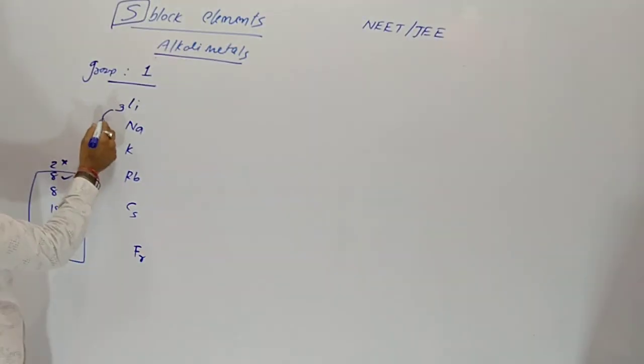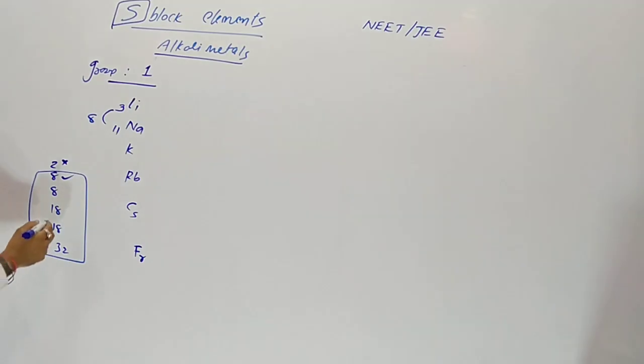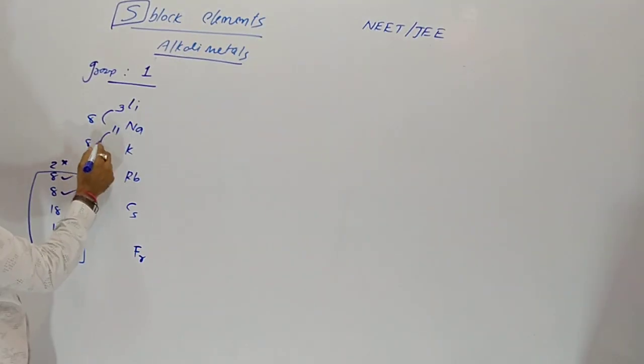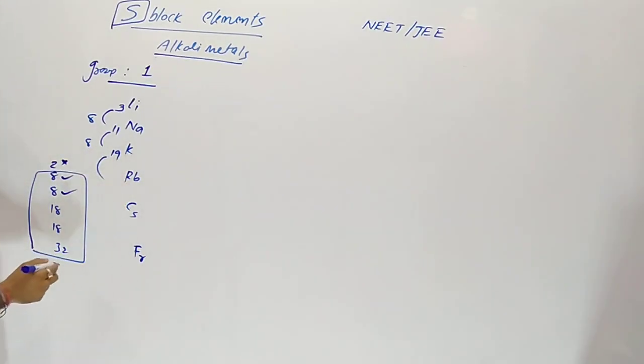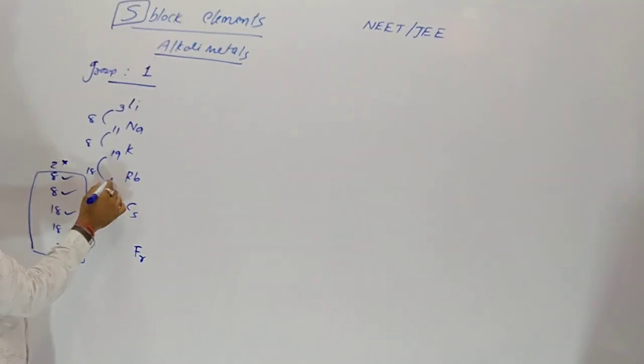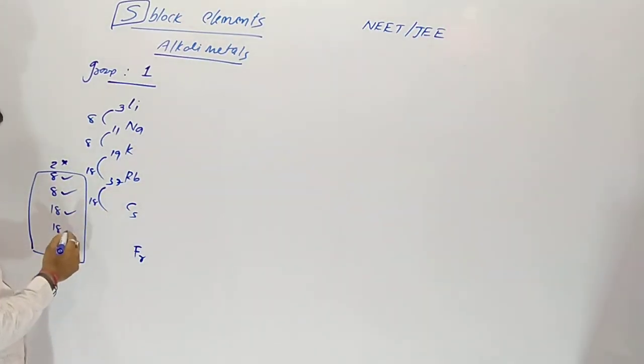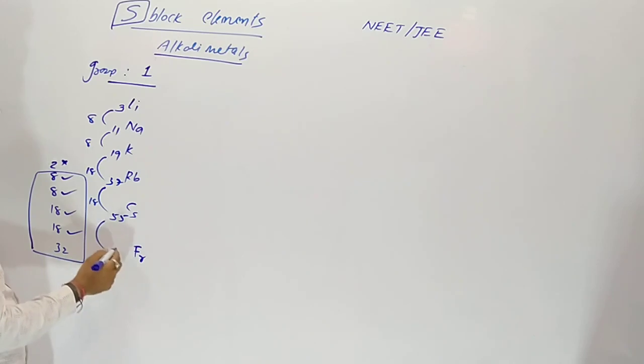So 3 plus 8 gives 11, 11 plus 8 gives 19, 19 plus 18 gives 37, 37 plus 18 gives 55, then adding 32 gives 87.